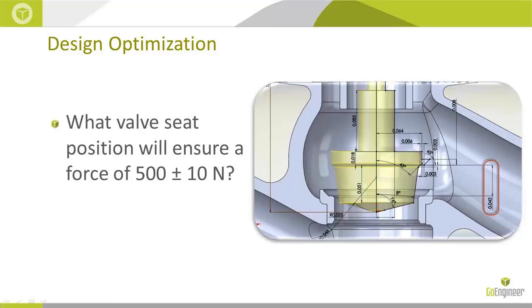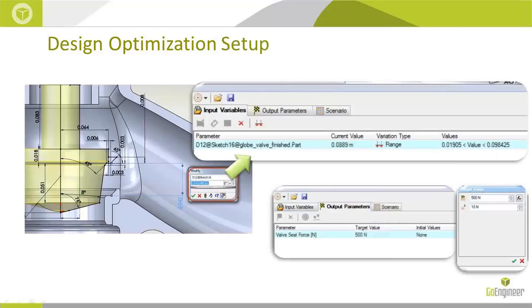The difference with the design optimization is that you're choosing one parameter that you want to optimize instead of investigating a whole slew of them. Here we're choosing a sketch dimension from our model, and then specifying a range for that dimension, from 0.019 to 0.098.